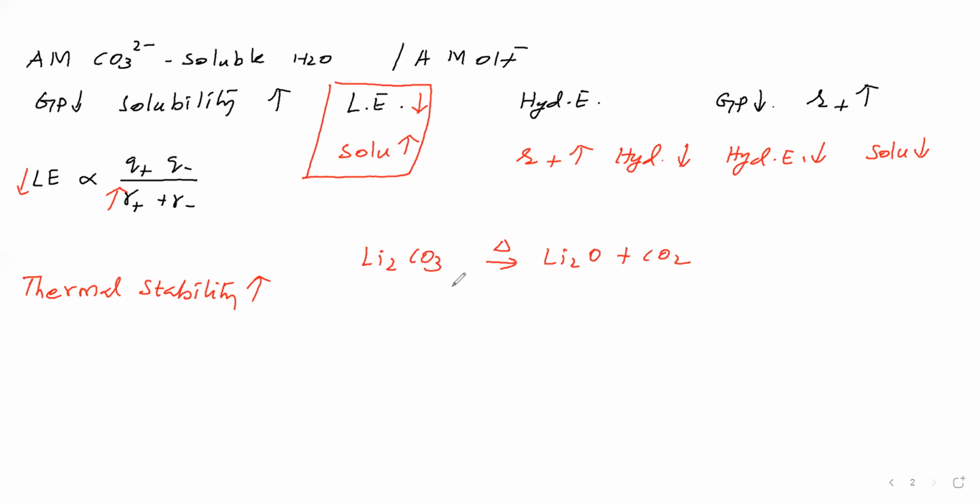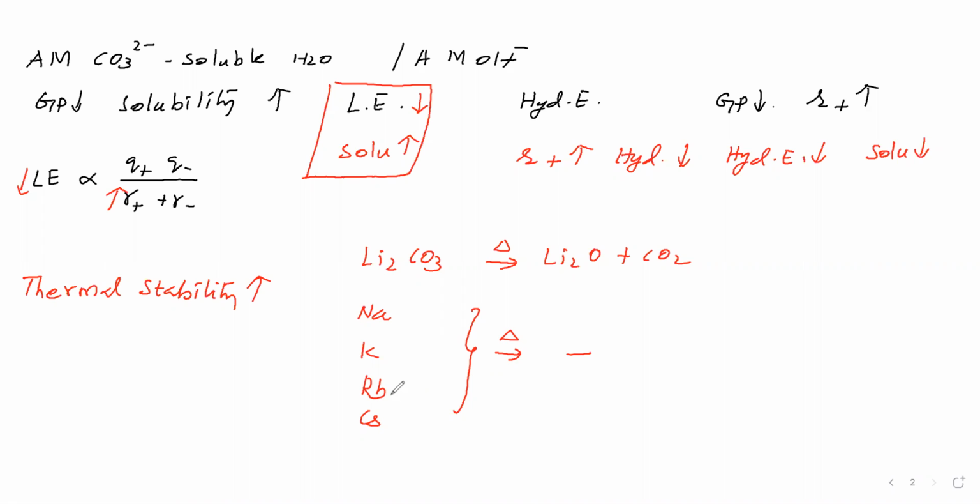In this, an exception is there. Sodium carbonate, potassium carbonate, rubidium carbonate, cesium carbonate do not undergo decomposition on heating. They will reach their melting point and start melting, but do not undergo decomposition, even in red hot condition.